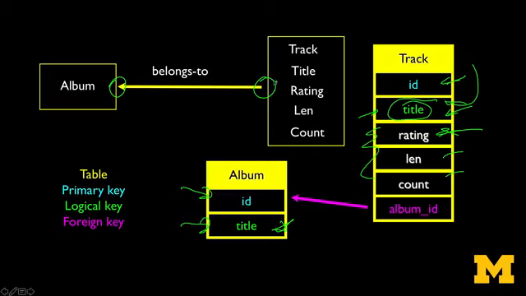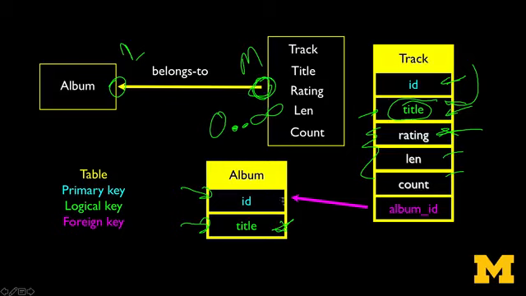But then, to model the picture, this is what's called a many-to-one relationship, and there are many tracks that are on one album. Another way to think about this is it's somewhere between 0 and an infinite number of tracks per album. So that's also a way to think about the many side of this arrow.